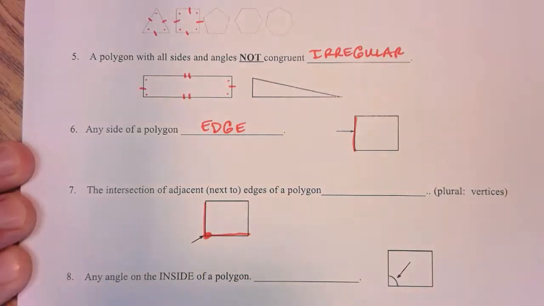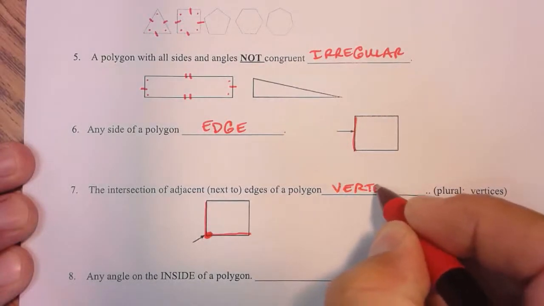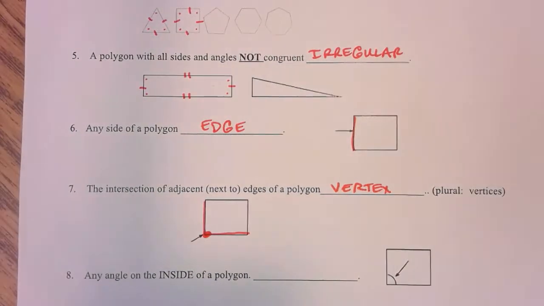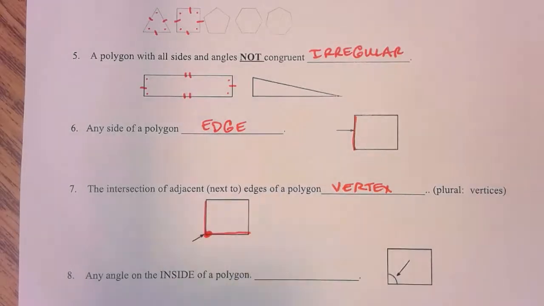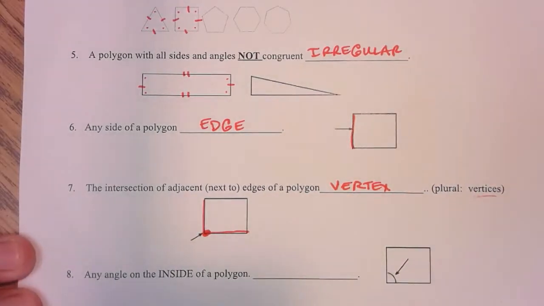Well, that corner, we've already talked about that in the first unit. That corner is called the vertex. And the plural of vertex, like for example, this has 4 corners. It's not 4 vertexes. It's called 4 vertices. And so that's why it's a little different. So the 4 vertices of this polygon are the 4 corners.